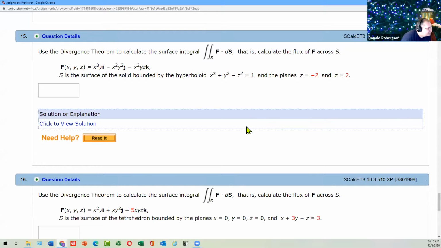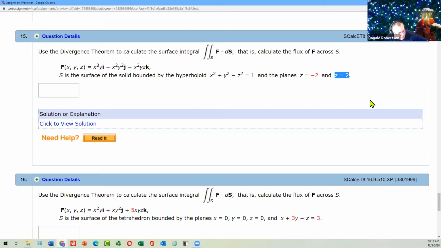Before I start 15, pretty standard polynomial, right? Nothing too fancy, so its divergence shouldn't be too ugly. I have x squared plus y squared minus z squared is 1, and I have z going from -1 to 2. Now that one might look like it's spherical.